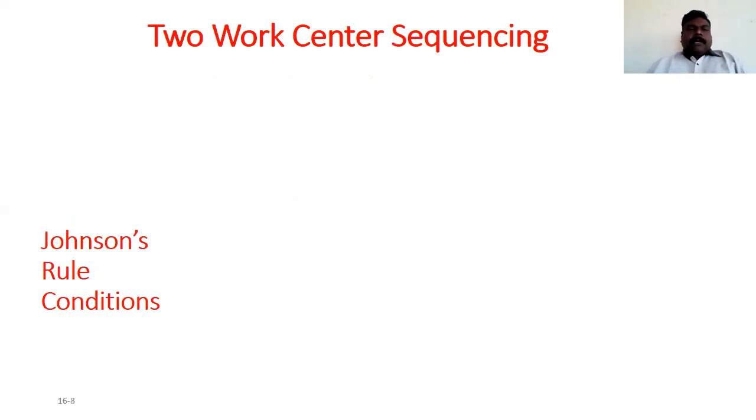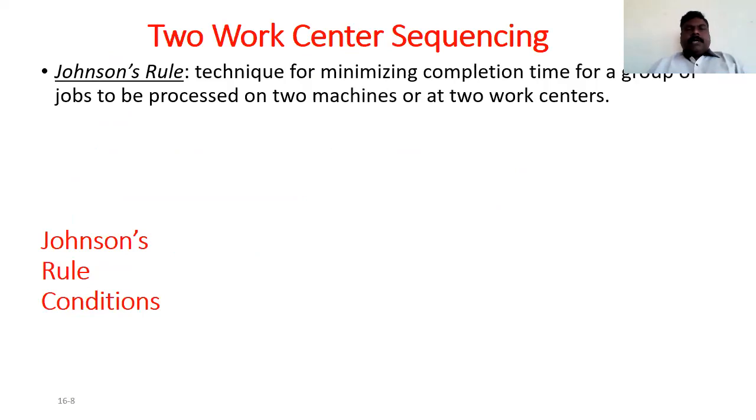So we have a rule for sequencing in two work centers. We have a rule called Johnson's rule that we are going to see. It is a technique for minimizing completion time for a group of jobs to be processed on two machines or at two work centers. So while sequencing the jobs, we have a rule that minimizes the completion time. We take the minimum times and make the sequence.